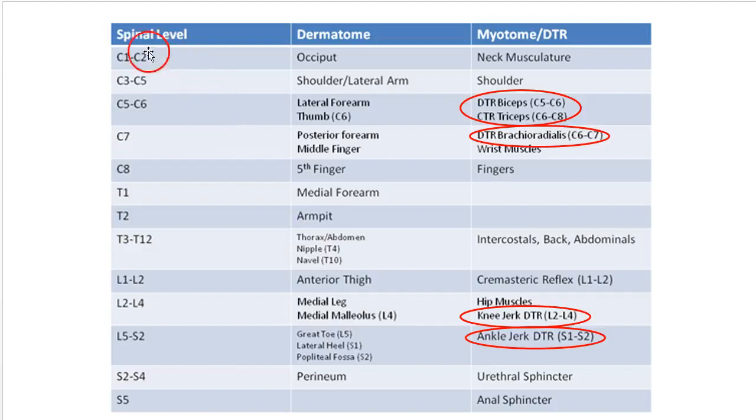We refer again to the spinal level dermatomal map and the deep tendon reflexes that occur at these various levels.